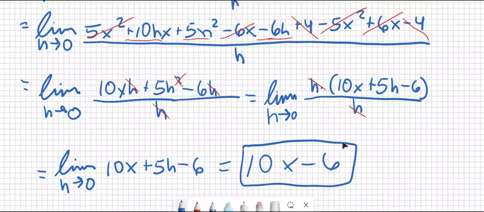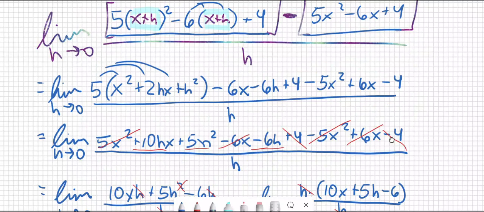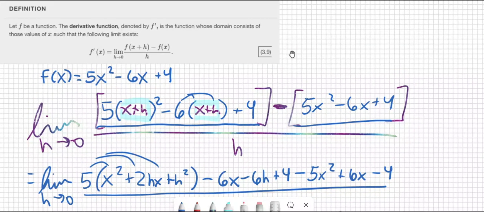All right, so then let's zoom out a little bit, because it's easy when you get bogged down in tedious algebra to lose the forest for the trees. This is our answer, but what does it mean and what did we just do? So we took this function up here, 5x squared minus 6x plus 4, this parabola, and we found the derivative, which represents the slope at every single point of this function.